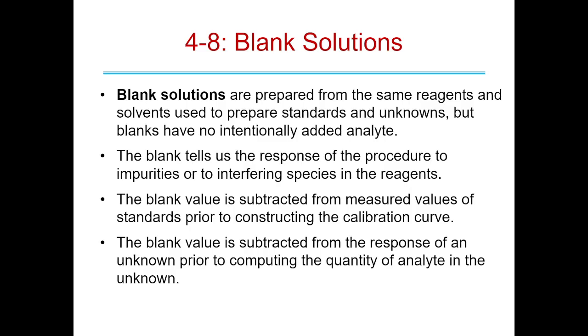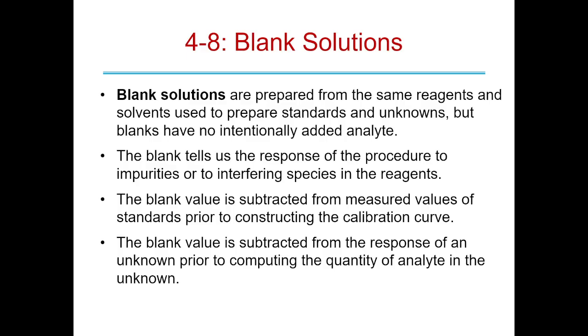So the blank value is going to be subtracted from the response of an unknown prior to computing the quantity of the analyte in the unknown, because you have to subtract off all of the responses from everything else before you can measure anything about the analyte, right? Kind of like if you used a ruler, and you know how some rulers, the 0 part gets messed up?